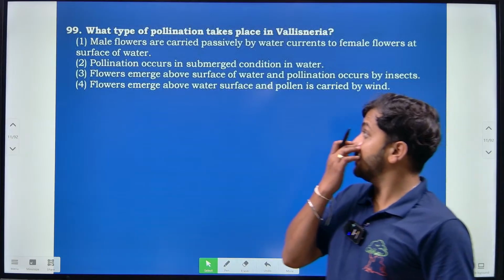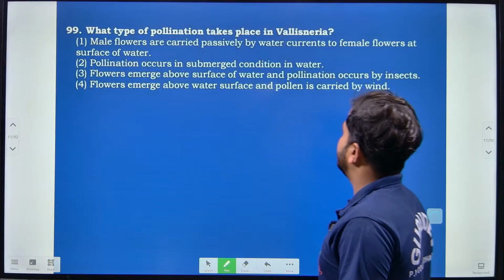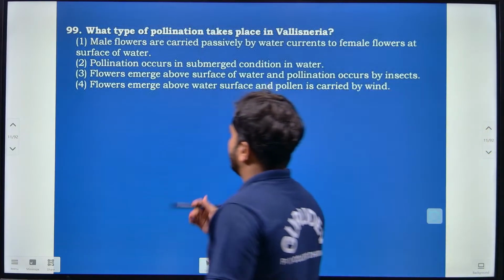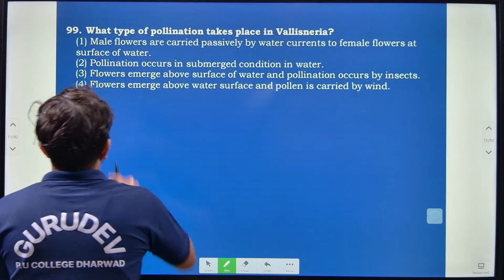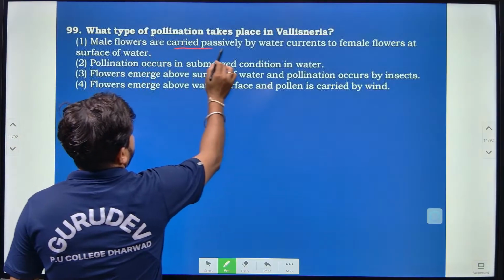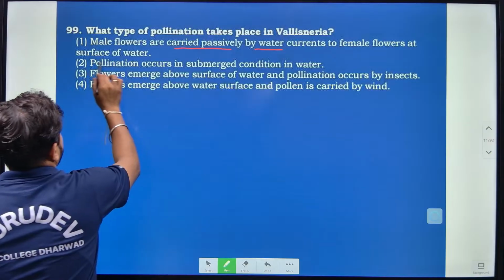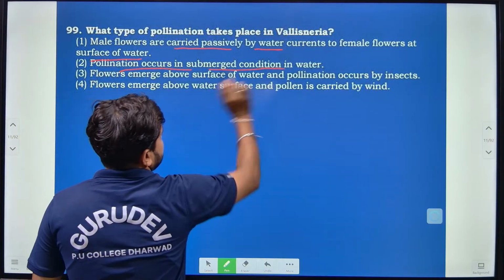Okay, we were with the question: what type of pollination takes place in the Vallisneria plant. The first option is: male flowers are carried passively by water current to female flowers at the surface of water. Then: pollination occurs in submerged condition in water.